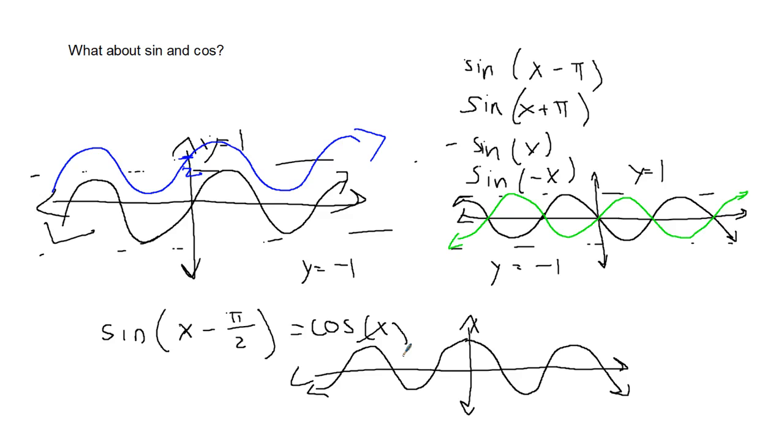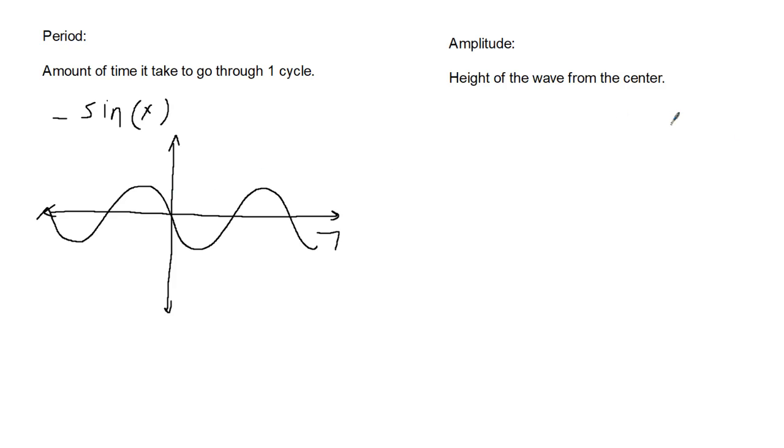You shift it the other way, you'll get minus cosine of x, because we've already established why it happens. But it doesn't work all the time. If you have sine 2x, you can't minus pi. You actually have to minus pi over 2, because I'll explain to you why later, or might not. Okay, these two are actually pretty useful to know.